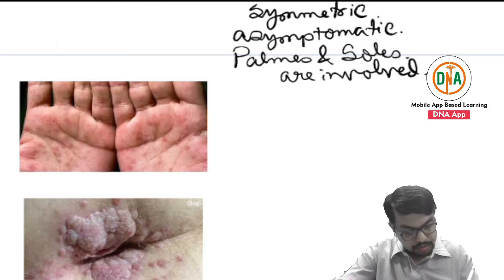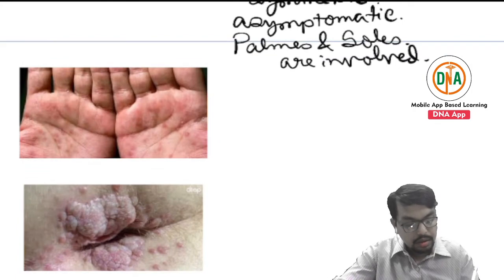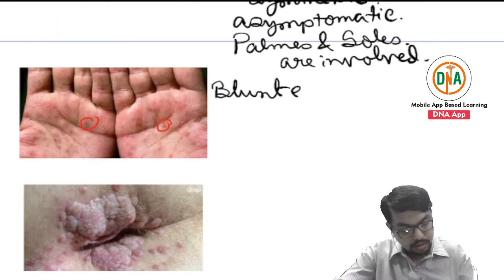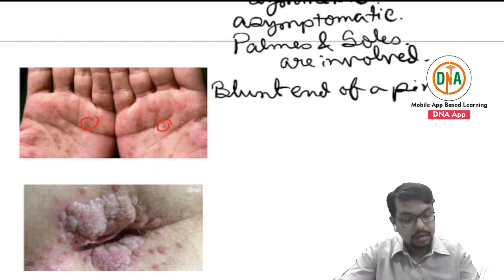See the lesion of secondary syphilis over the palm, and if we press the lesion over the palm with the blunt end of a pin, then there will be deep dermal tenderness.